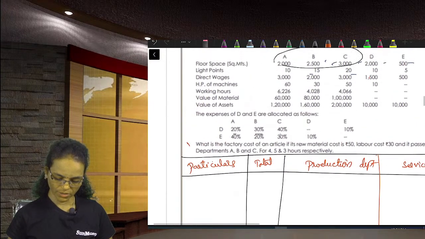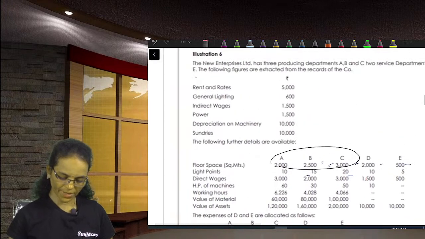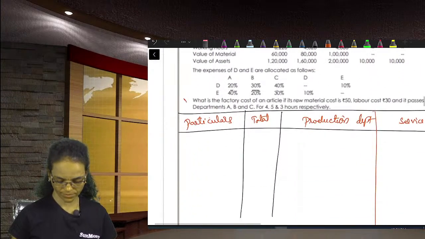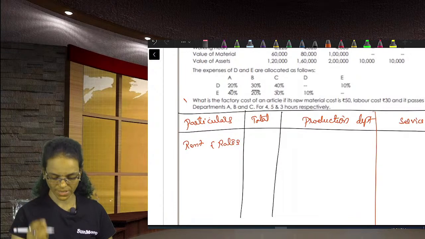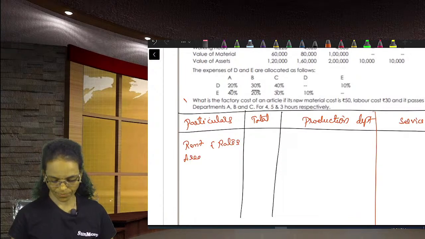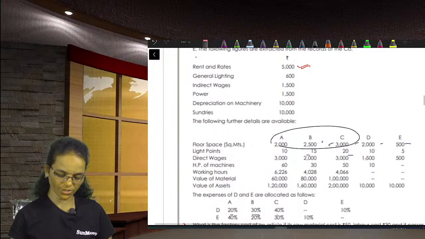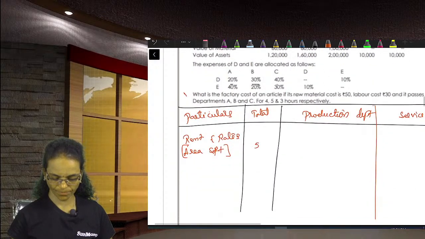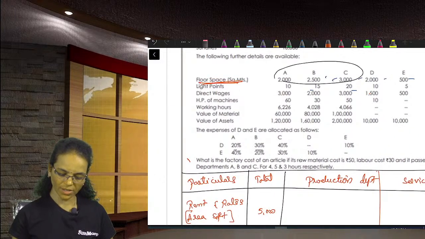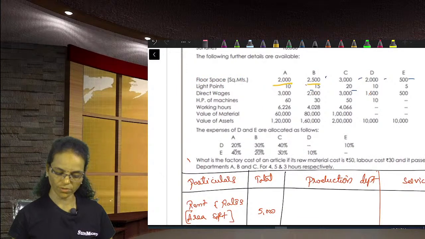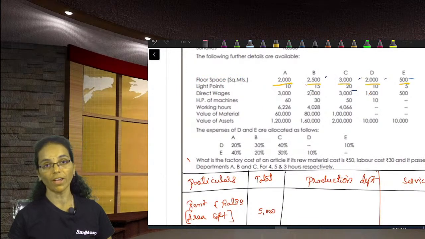Right. So rent and rates, on what basis? On the area occupancy, area in square feet. The amount of expenditure is 5,000 rupees. Floor area: 2,000, 2,500, 3,000, 2,000 and 500.